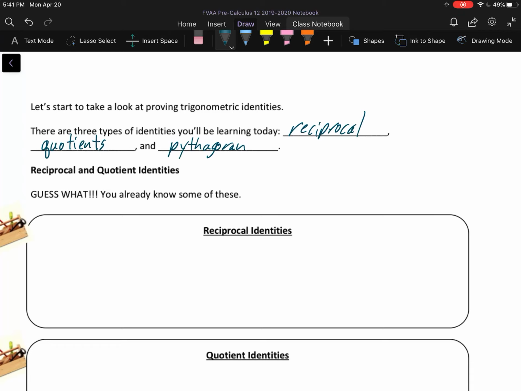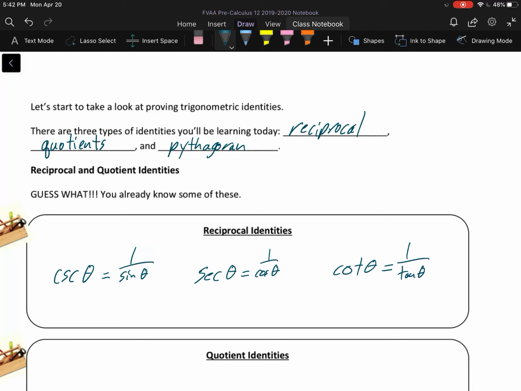Guess what? You actually already know these. The reciprocal identities are the cosecant, secant, and cotangent trig ratios. We know that cosecant is 1 over sine theta, secant is 1 over cos theta, and cotangent is 1 over tan theta.